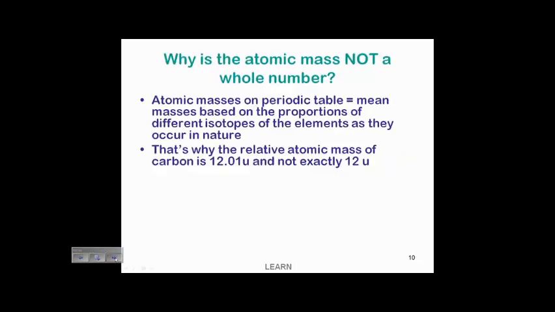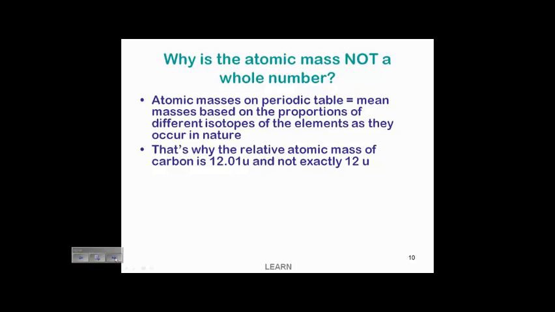So getting back to the question initially, why is the atomic mass not a whole number? It's because when we're looking at the atomic mass in the periodic table, we average it out for all of the proportions of different isotopes.